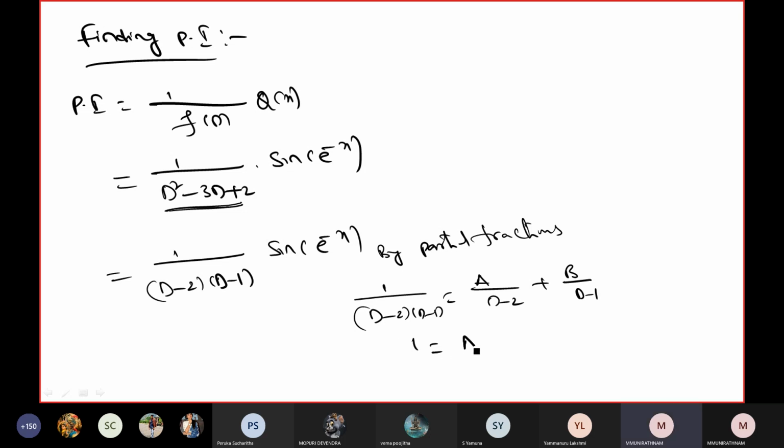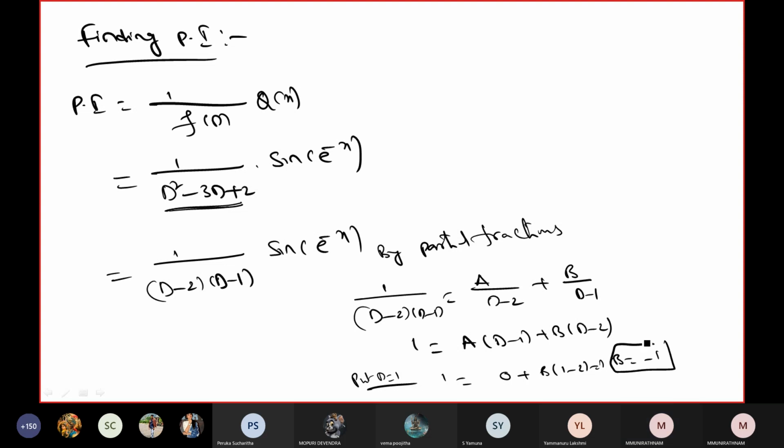So 1 = A(D − 1) + B(D − 2). Put D = 1: 1 = 0 + B(1 − 2), so B = −1.